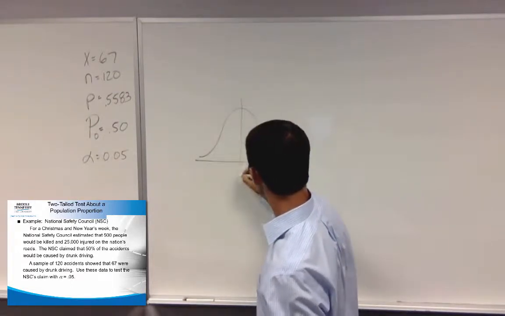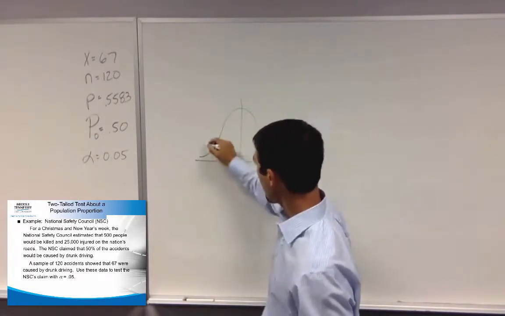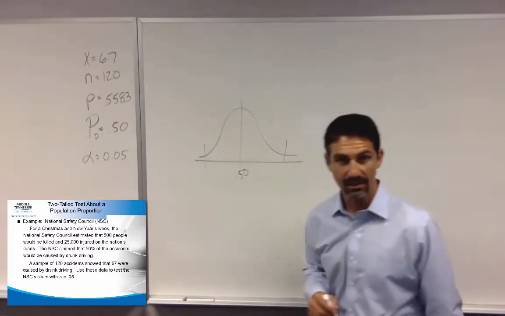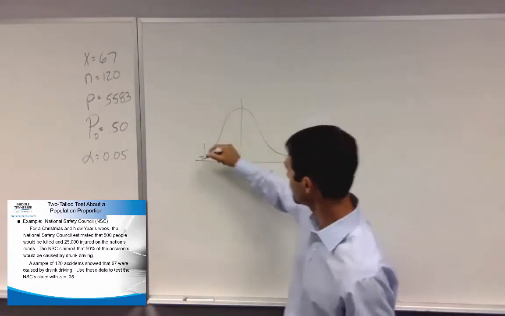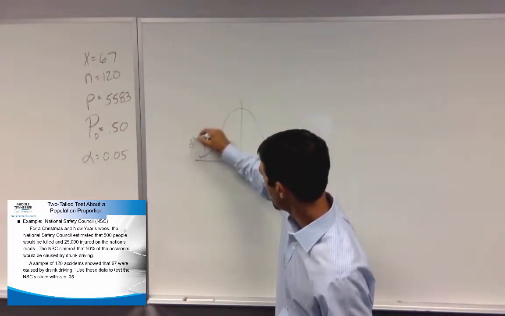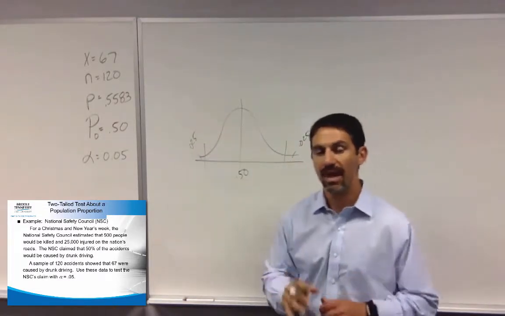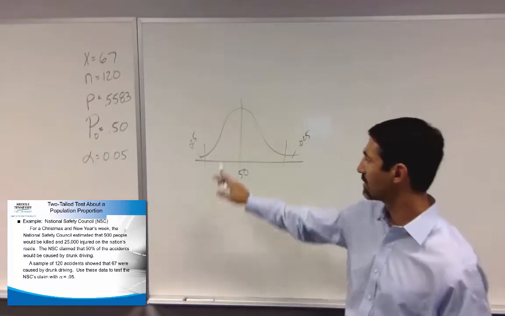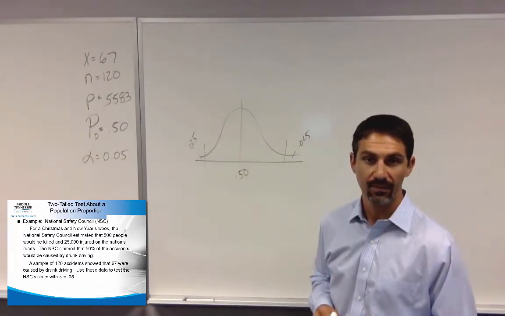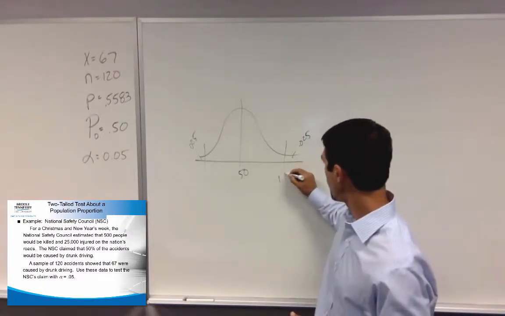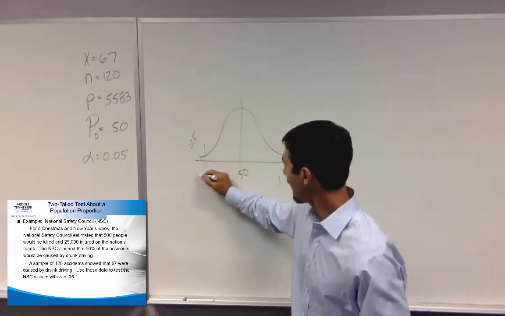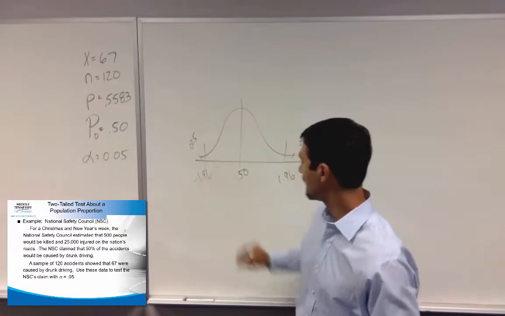You then would have 50% here and a two-tail test. In each of these tails then is 0.025 here, 0.025 here. And let me ask you this, what's the z-score that corresponds to 0.025? Hopefully you remember that from chapter 8, that's 1.96 and negative 1.96.